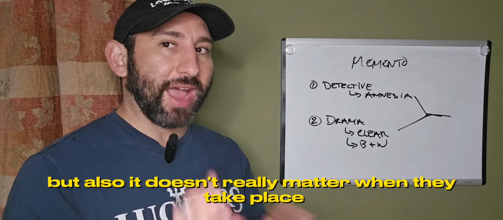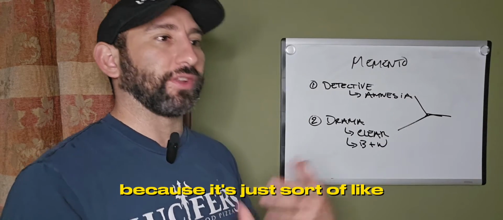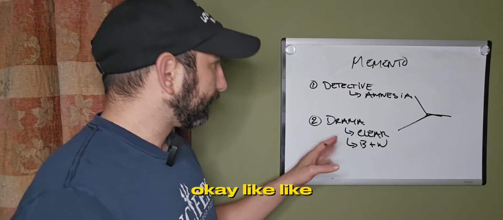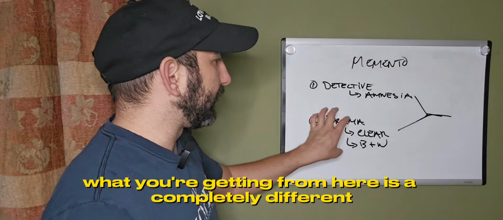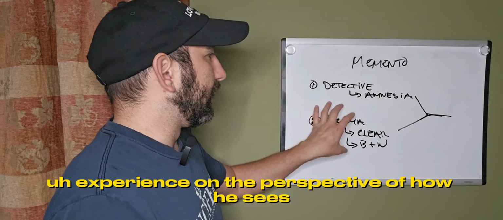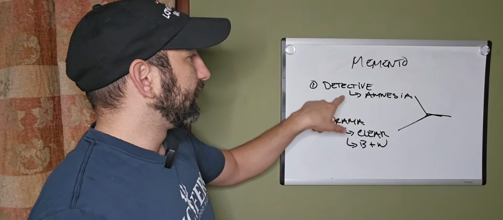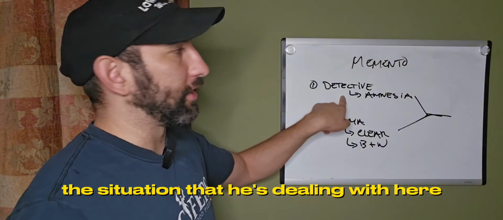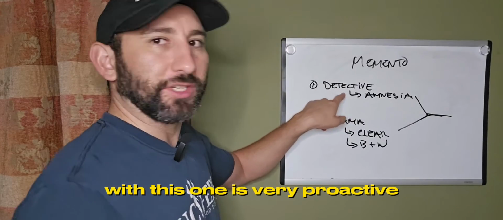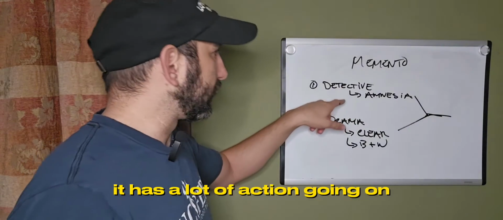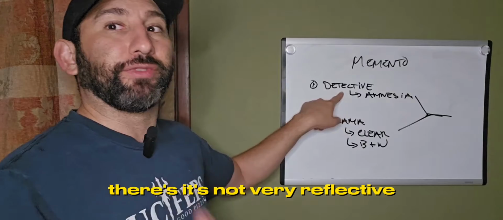But also it doesn't really matter when they take place, because what you're getting from here is a completely different experience of the perspective of how he sees the situation he's dealing with here. Obviously with this one, it's very proactive. It has a lot of action going on. It's not very reflective.